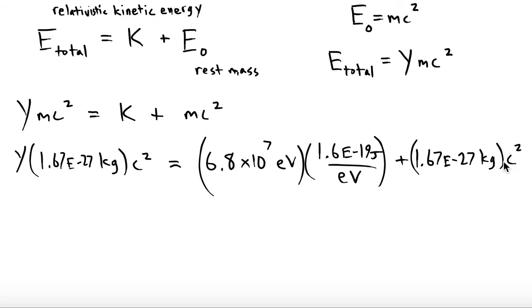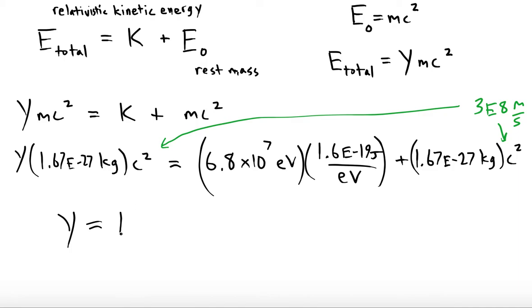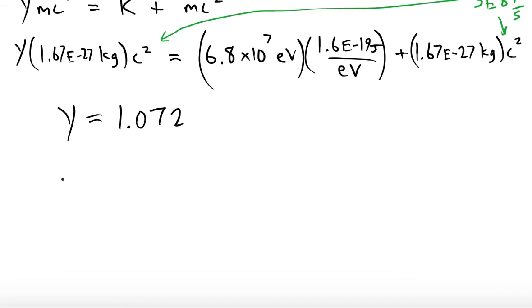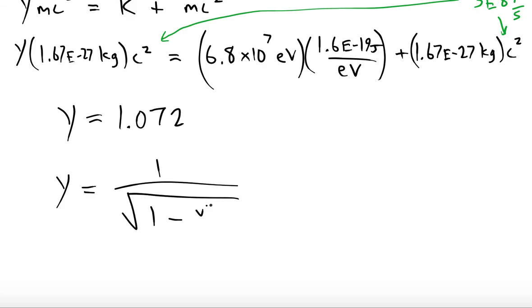The c is, of course, 3 times 10 to the 8th meters per second. Plug that in here and also here. Gamma is 1.072. Alright, then I would go to the formula for gamma, which is gamma is 1 over the square root of 1 minus v squared over c squared.